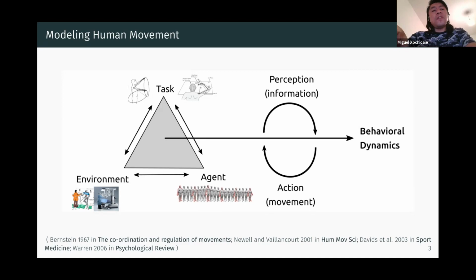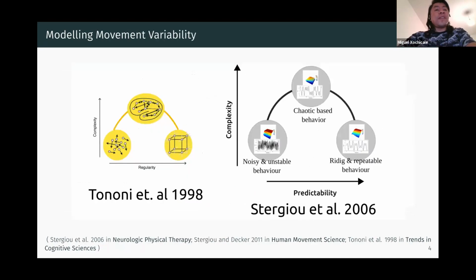Then I found the work of Stergiou. He published this work where he put forward two variables to model movement variability, and these are complexity and predictability. He based his model on another work of Tononi, on the arrangements of neural networks.